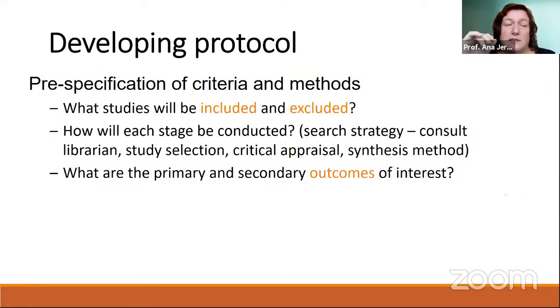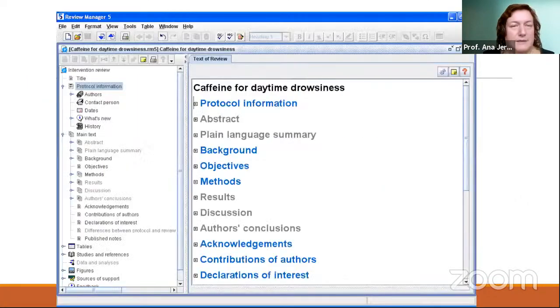And we need to predefine what the primary and secondary outcomes of interest are, because, as I already explained, we can introduce bias by choosing afterwards which primary and secondary outcomes we like best. So in the Cochrane system, here in blue, you see sections that need to be filled in order to submit a protocol.